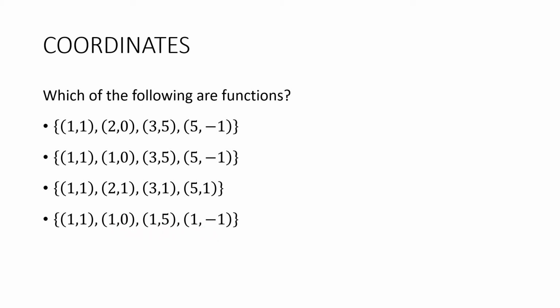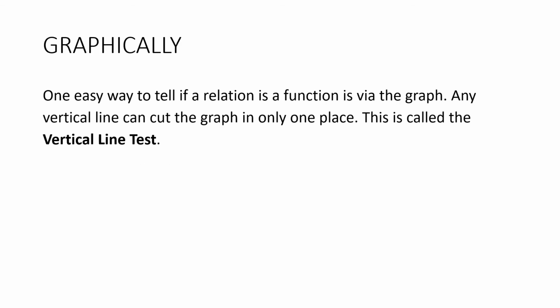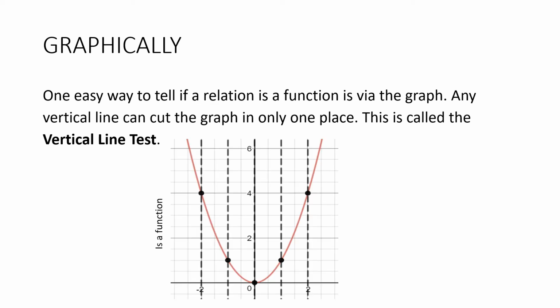So not a function. Now it's easy to tell if a relation is a function if you're given the graph. Here's the rule. Any vertical line can cut the graph in only one place, and this is actually called the vertical line test. Let's have a look. Here's a parabola. We can tell this one's a function. Any x value is only going to give me one y value.